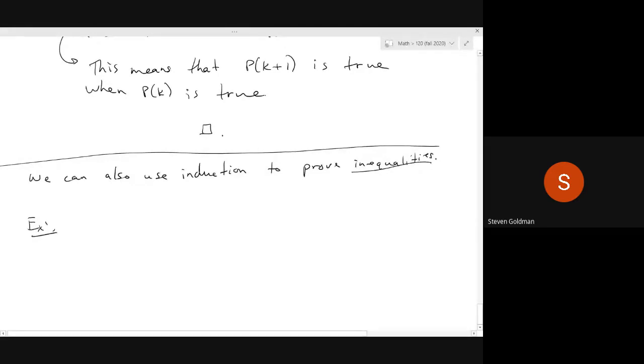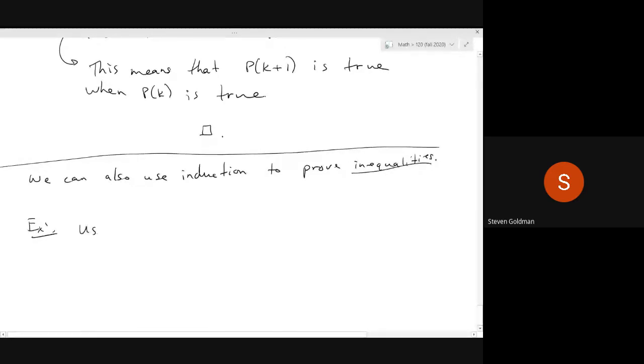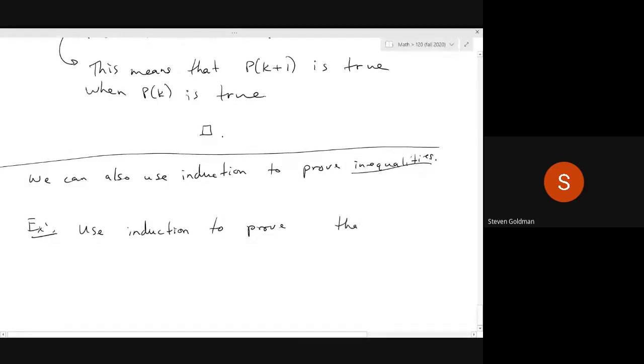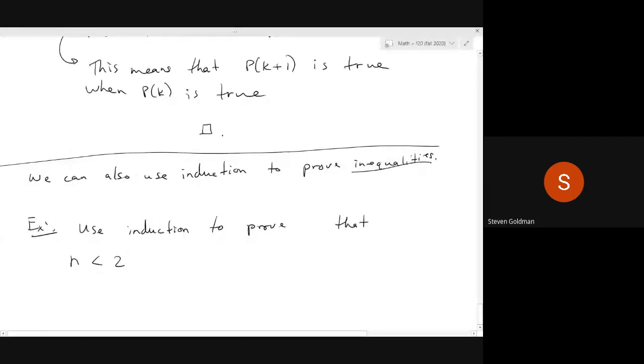All right, so let's just try the following. Use induction to prove that n is less than 2 to the power of n for all positive integers n.